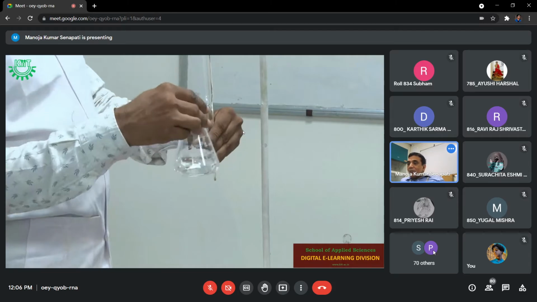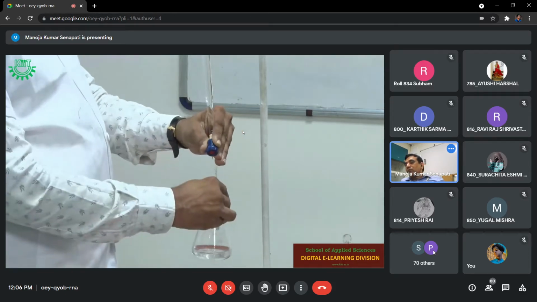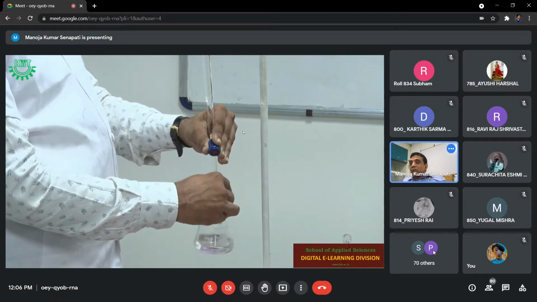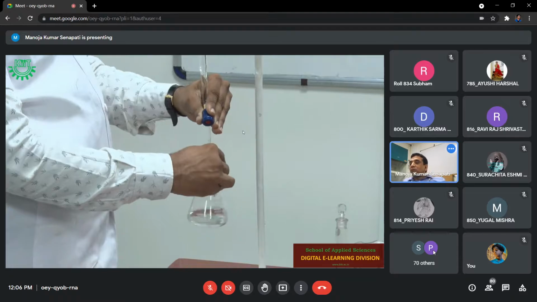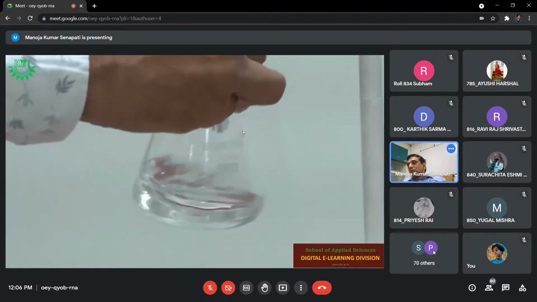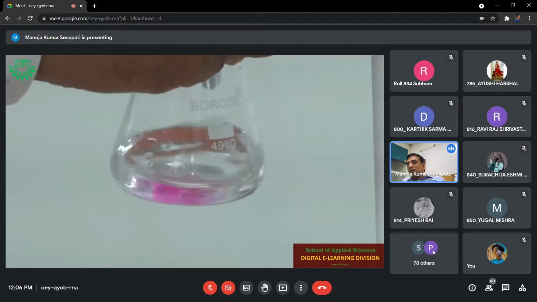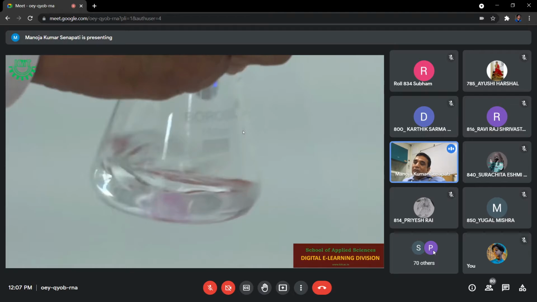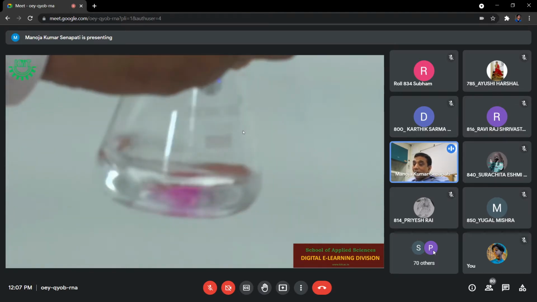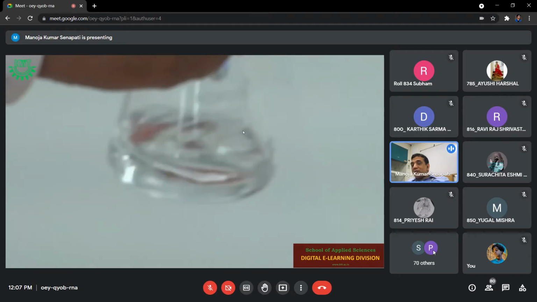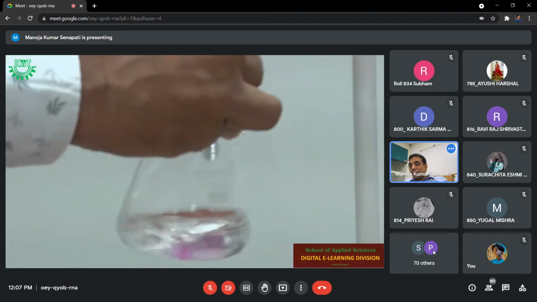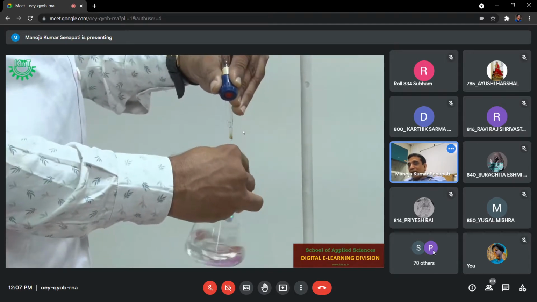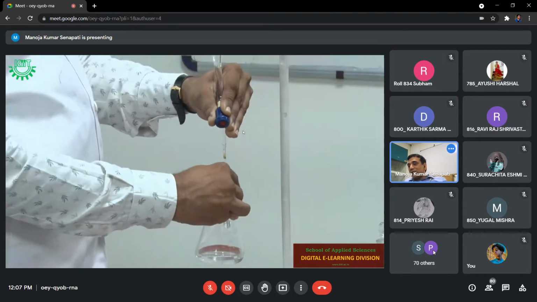No change, continue. You can observe the pink color is appearing, but when you are mixing it, the pink color vanishes again. Continue till you are able to get a permanent pink color. At which drop the pink color will appear and will remain, and then will not vanish again, you have to take that as your end point.